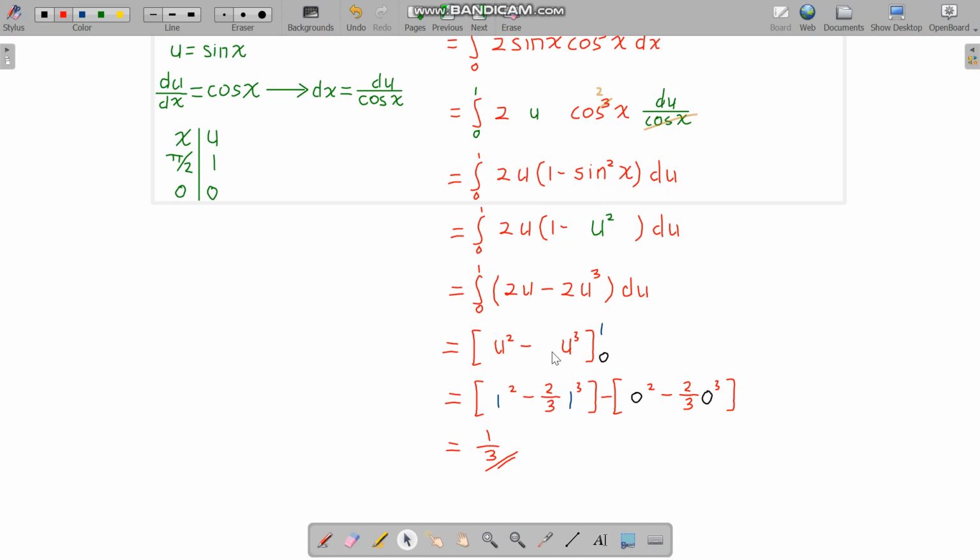integral is 2 over 4, so 1 over 2 u to the power of 4, and we plug in 1, we get 1 over 2 actually.